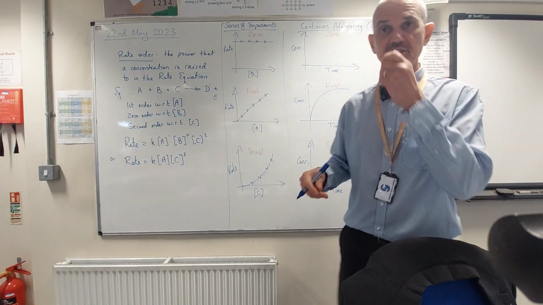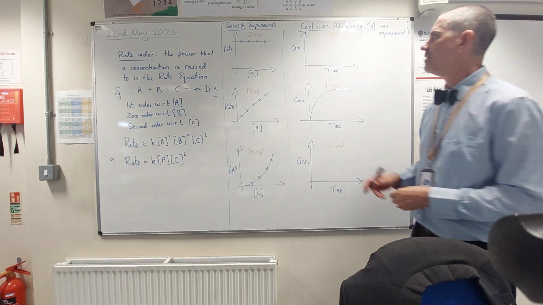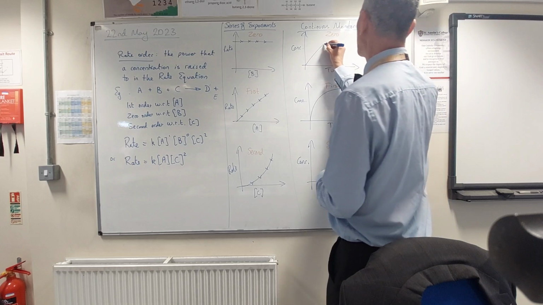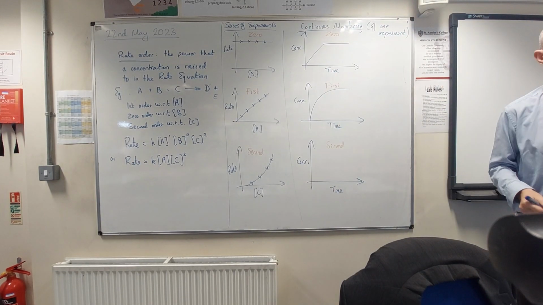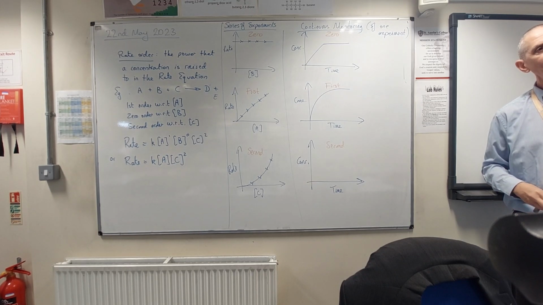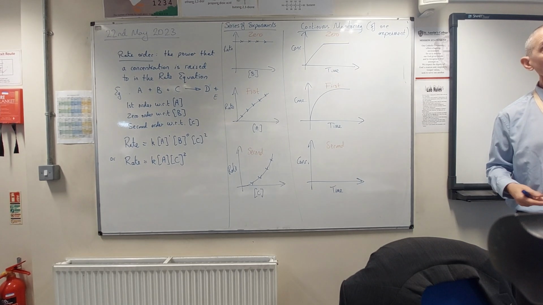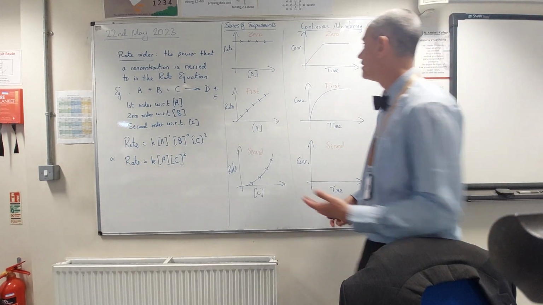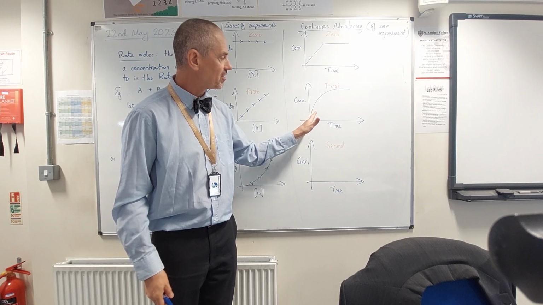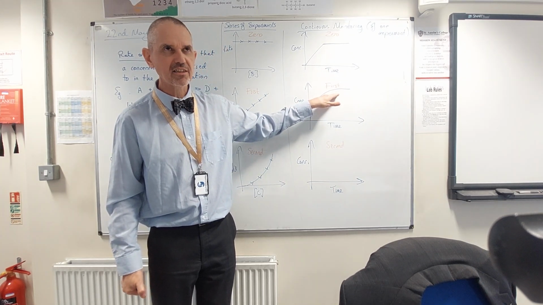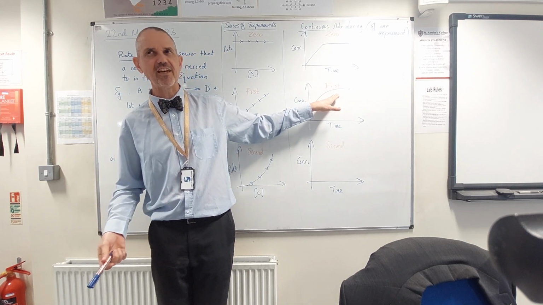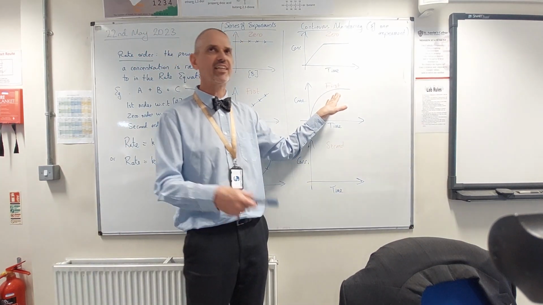What have you done to yours, Ewan? Mine goes straight up, like directly proportional, but then goes straight. Why does it go flat? Because the reaction's finished. Yeah, the reaction's still going to end at some point. But remember we said for first order, the graph levels off because the concentration of a reactant, let's say the HCl, is going down, and as the concentration goes down, the rate goes down.